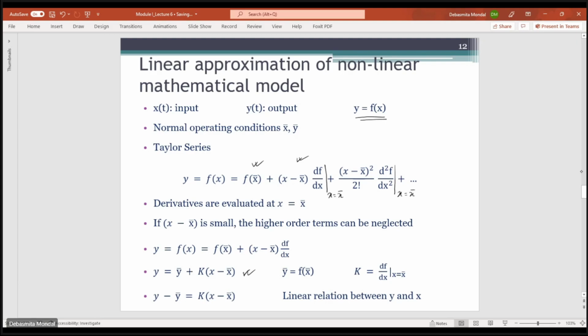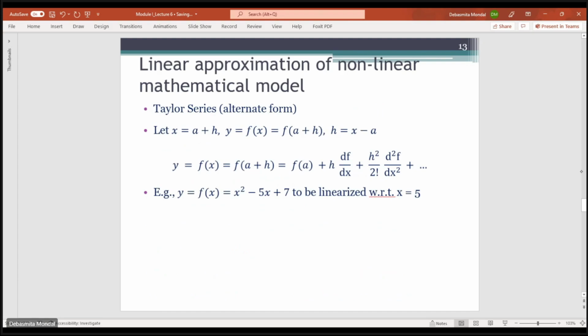After the Taylor series expansion, the input-output relationship has become a linear one: y minus y bar equals k times (x minus x bar). So this is one way of linearizing a non-linear mathematical expression.